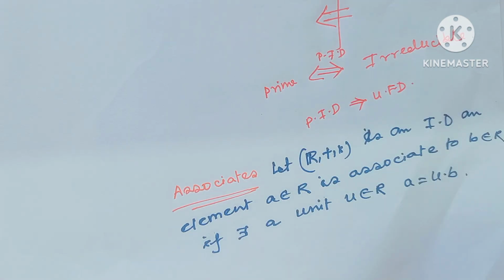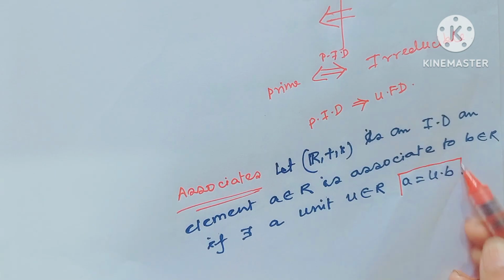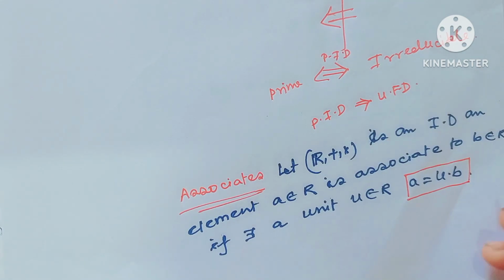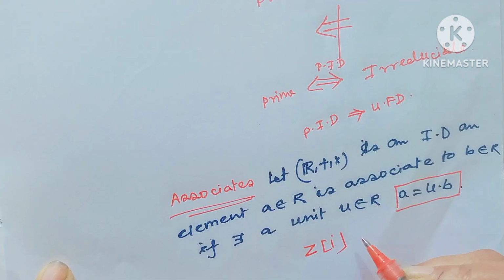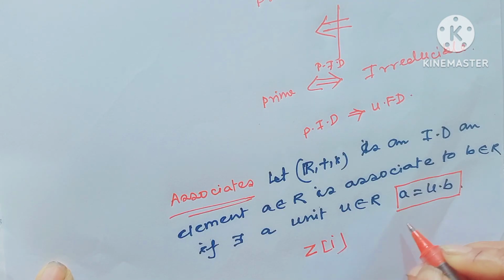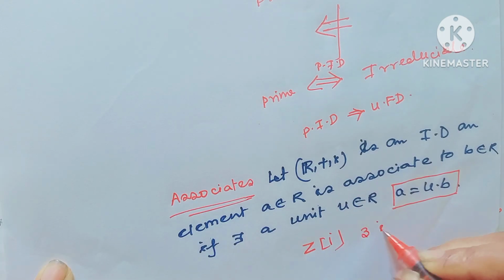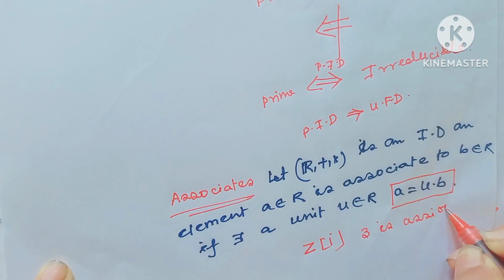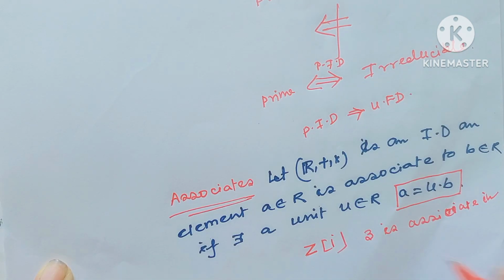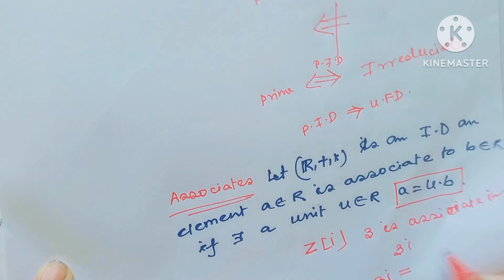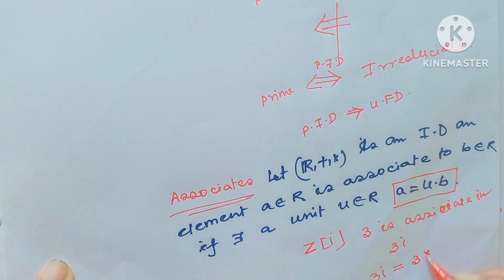Let R be an integral domain and element A is associated to B if there exists a unit U belongs to R such that A equal to U times B. In Z[i], 3 is associate in 3i because 3i equal to, we can write this as 3 times i.